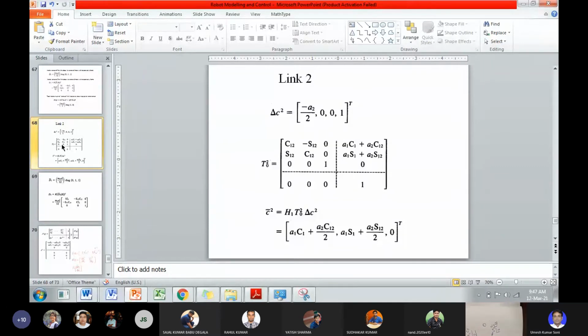And the third element will be 0. Last row is 0 and 0, and the last element is m2 a2 square by 12. Clear? Is it clear?